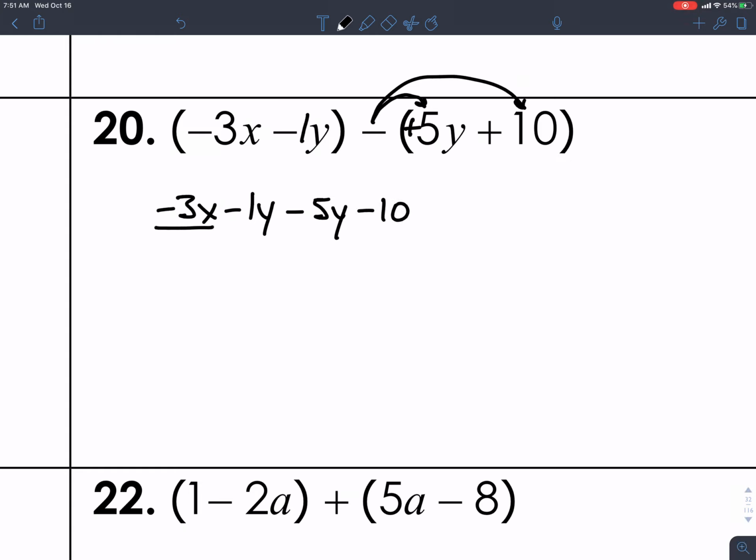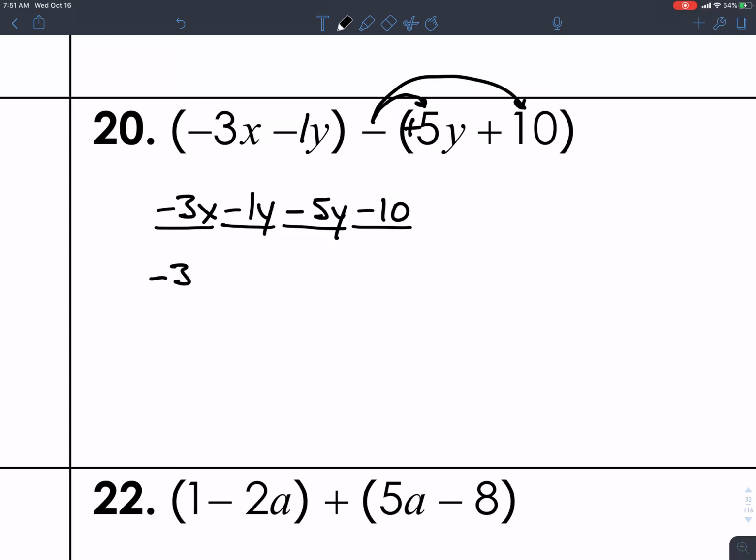I'm going to underline my terms and put the like terms together. Luckily, they're already together. The x term is first alphabetically. The y terms are second alphabetically. And then the constant is at the end. So we're good there. Now I'm just going to combine stuff. How many x terms do you see? I only see one. I can't combine it with anything else.